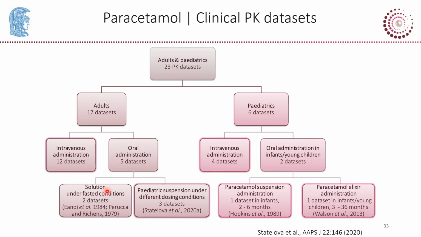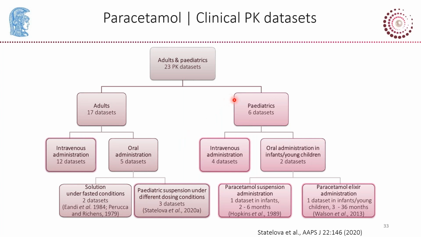In 2 studies, solution was studied under fasted conditions. This one we modeled to confirm our permeability parameters. And then for the adult model, we used our pediatric suspension under different dosing conditions, which was presented in the first part.